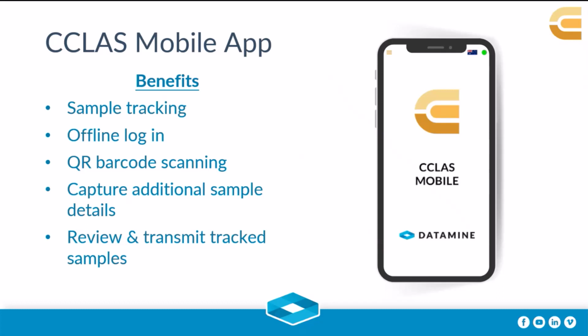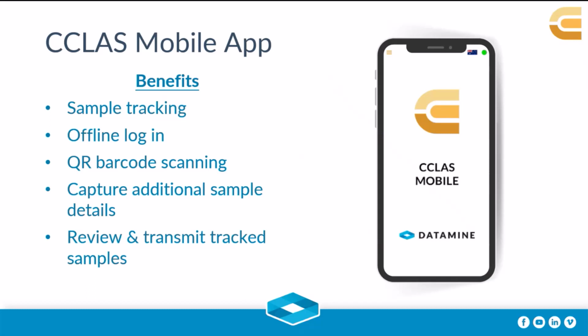Given mine sites are generally in remote locations with poor or no phone reception, the offline capability allows users to store information on the phone, even though they have no mobile reception. Once users get back into mobile reception or Wi-Fi reception, they can transmit that stored data back to CCLAS.